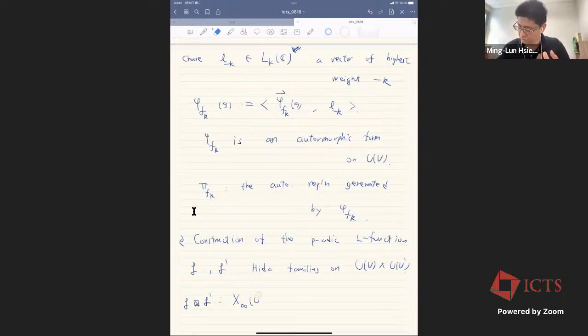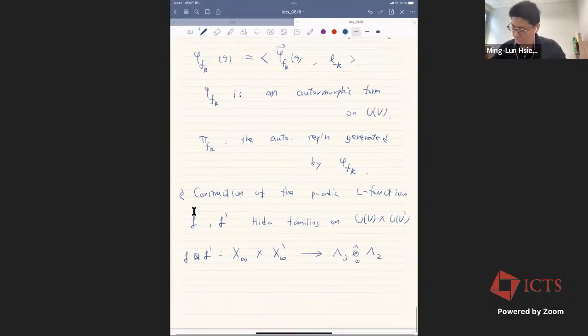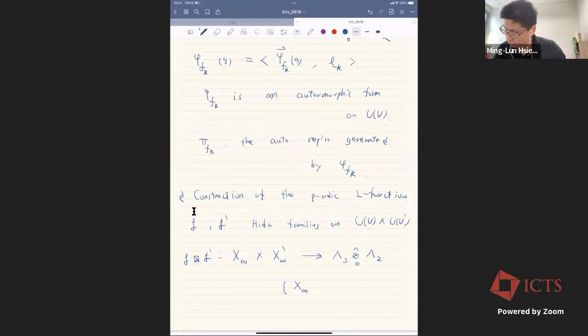So on X_infinity cross X_infinity, with values in Lambda_3 tensor Lambda_2, where X_infinity is this U(V) space.